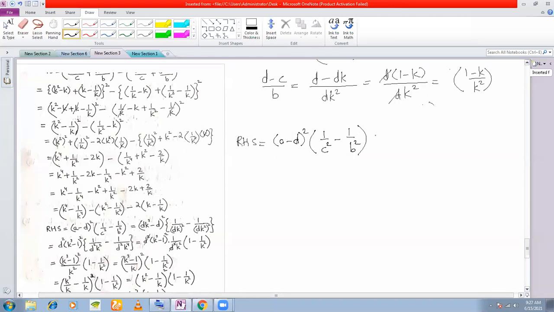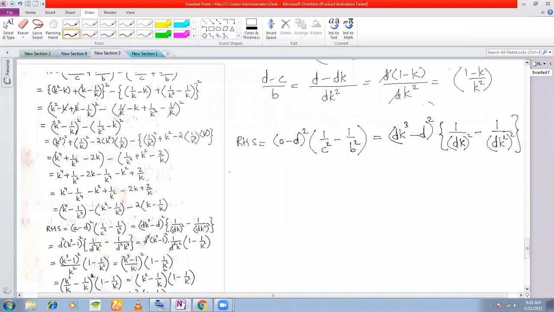Put the values in the right hand side. You have a is equal to dk cube. So put dk cube and d as it is, squared. And here c is equal to dk. So you put dk and b here is dk square. You put dk square. Okay, there's no whole square here.